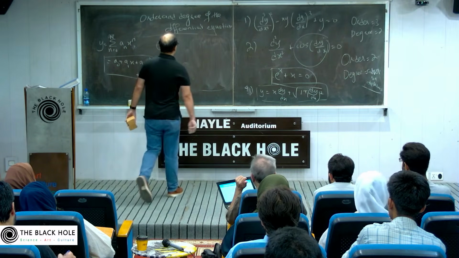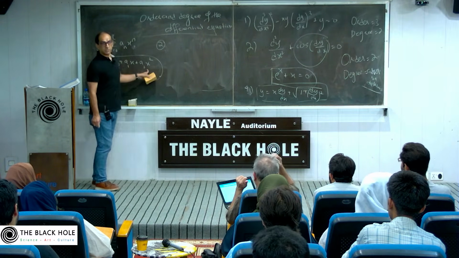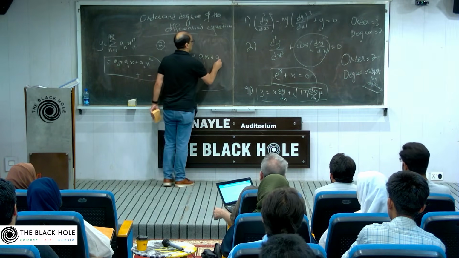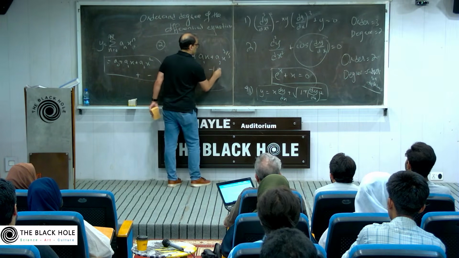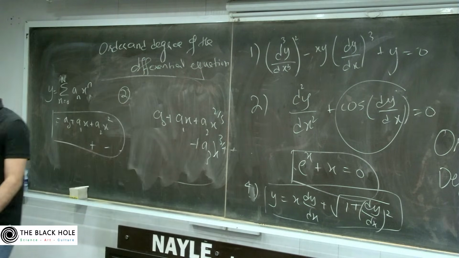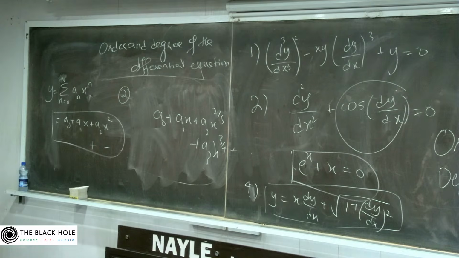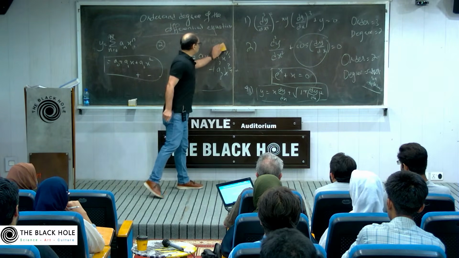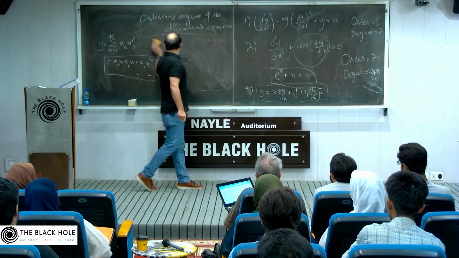This is how you write down a polynomial. Do you write like this? No, this is not a polynomial. So similarly, when you talk about the degree and the order, particularly the degree, you have to conform to the regular polynomial.